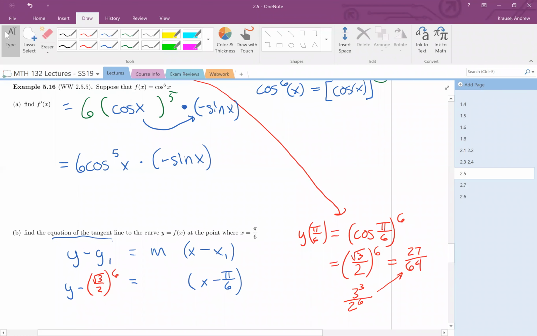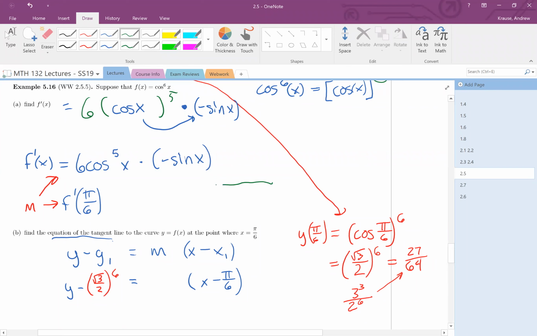Now the main issue that we have here is figuring out what m is. We're going to use this to calculate our m. Okay, this is f prime of x. So to calculate f prime of pi over 6, we're just going to plug pi over 6 into that.